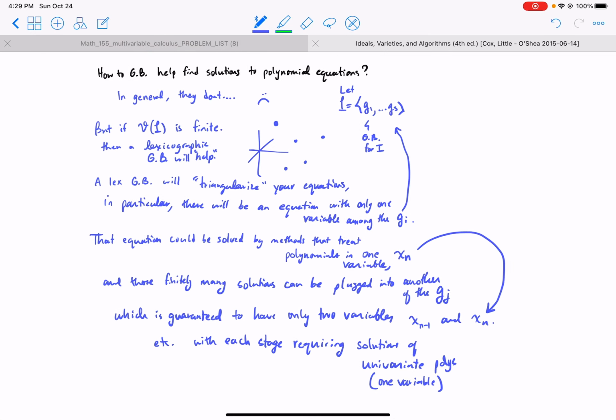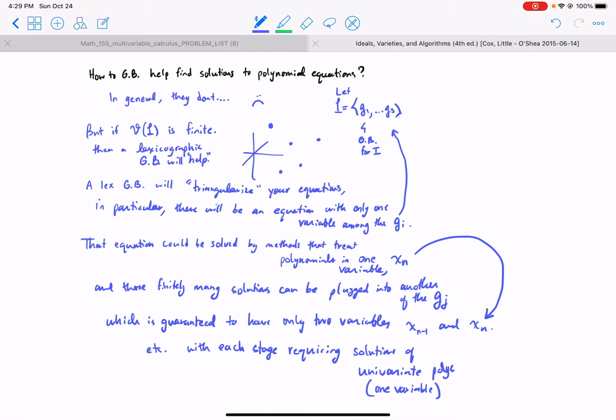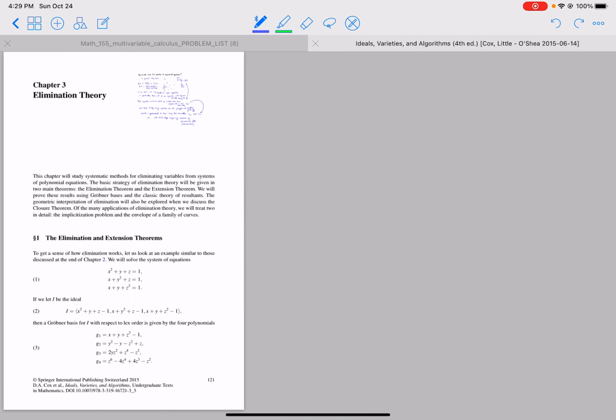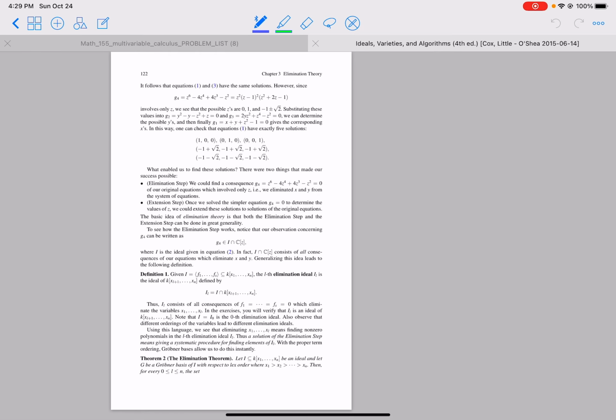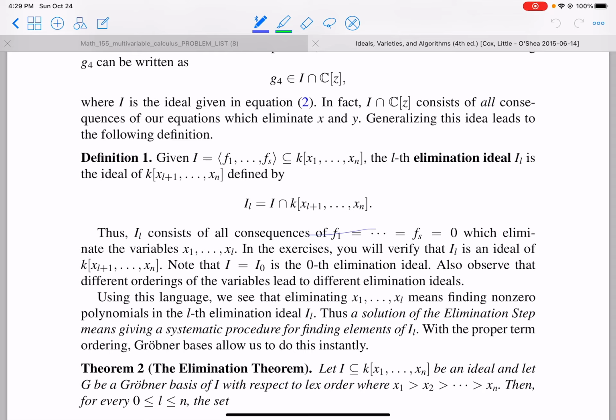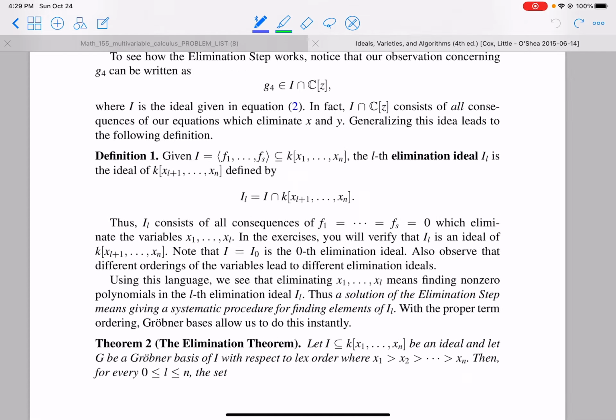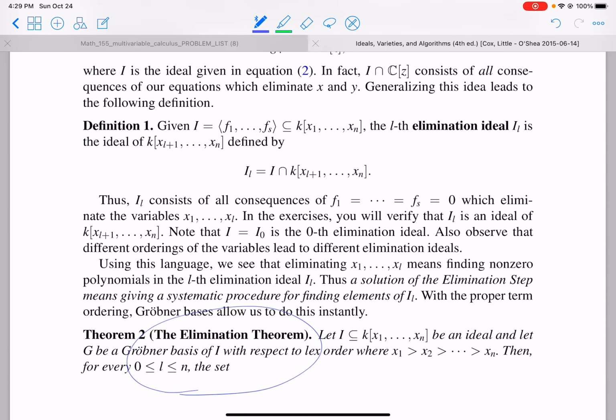Okay. So yeah, now how does this work? Why does a lexicographic Gröbner basis do this? Well, the answer is in section 3.1, and it is right here, involving the elimination ideal, and in fact the elimination theorem.